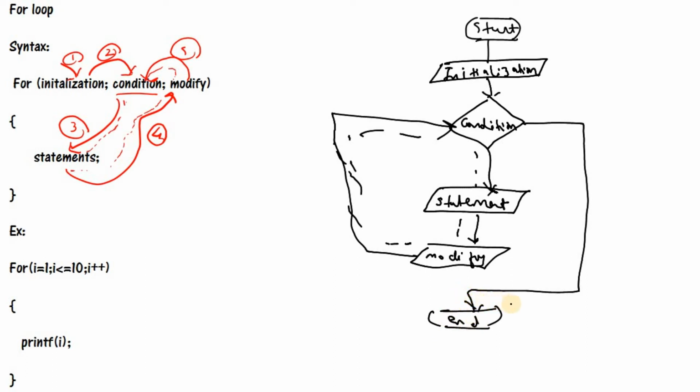So this is how the for loop executes, its flow as well as syntax. Initialization is executed only once, and the loop repeats as long as the condition is true. If the condition is true, it will modify. Once the condition has failed, it will terminate.